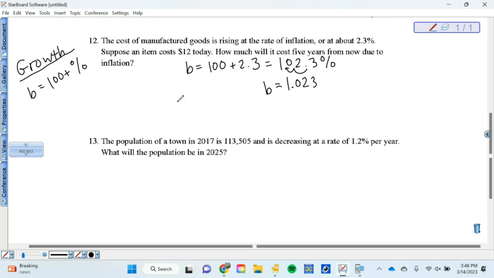What's my A? 12, my starting amount. And what do you think I'm going to use for X? 5. How much is it going to cost 5 years from now? So my equation is Y equals 12 times 1.023 to the 5th.